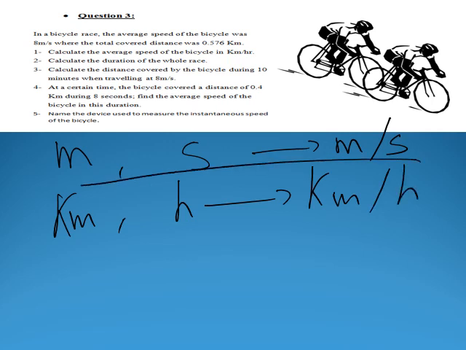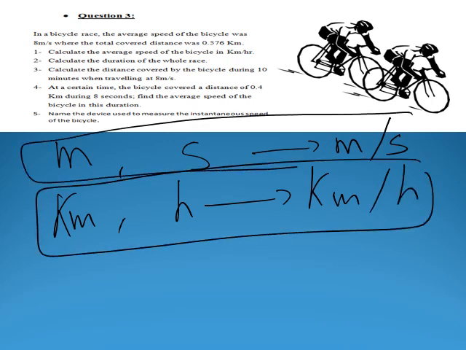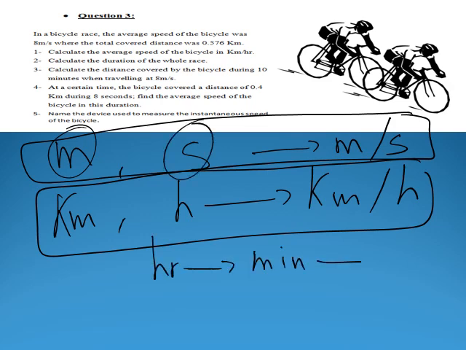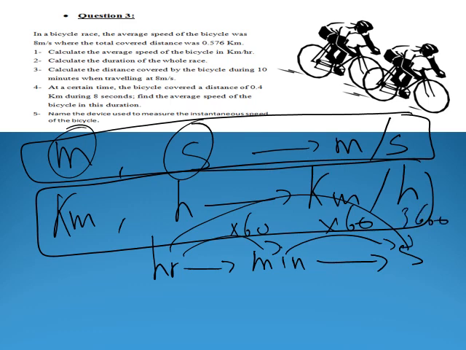Okay, this is the composition of each of these calculations. You have to be careful for this, otherwise your calculation is going to be wrong. Be careful: we have hour, minute, second, so hour to minute is times 60, minute to second is times 60, from hour to seconds 3600, and vice versa.